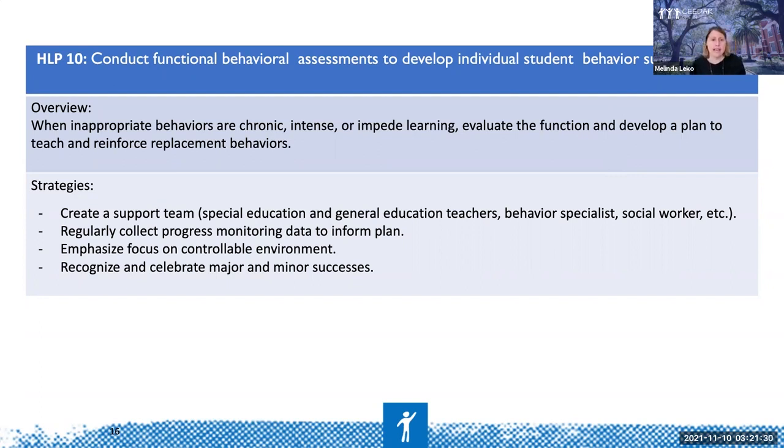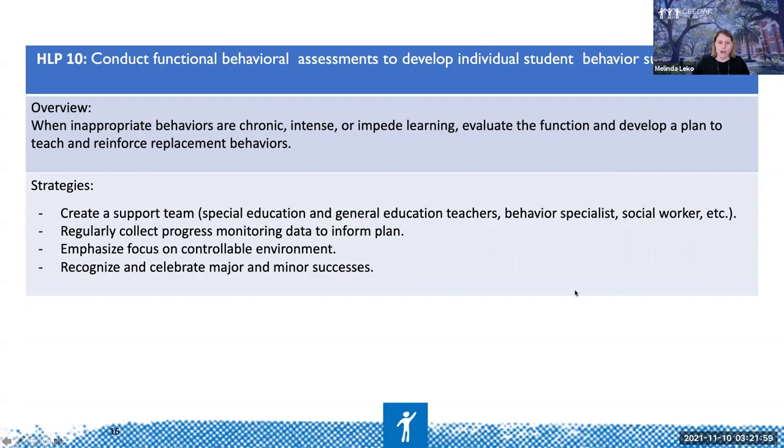Now, FBAs are more intense, so we often think of these as needs for students. Again, if you're operating from a PBIS or MTSS framework, these are often students who might have tier 3 kinds of behavior needs. So conducting that functional behavioral assessment is a great data collection tool to help identify ways to support that student.